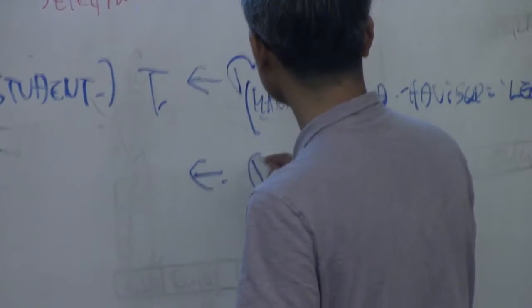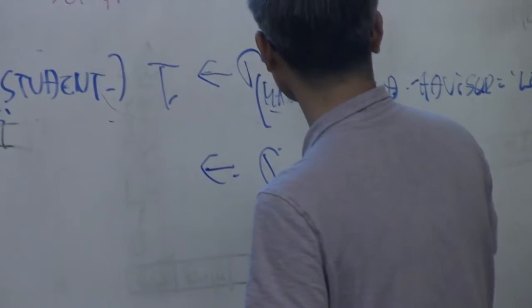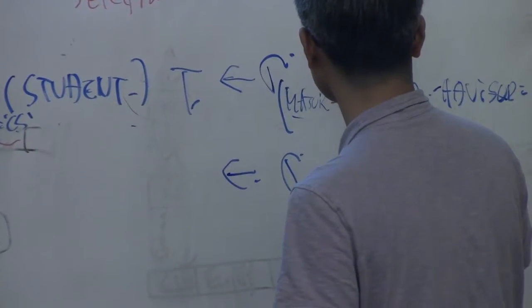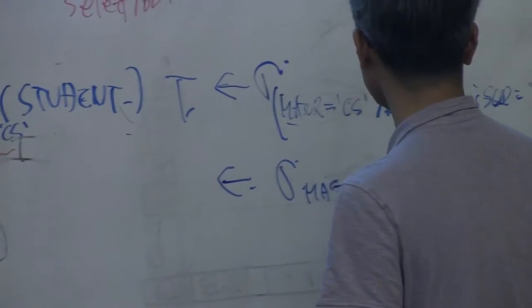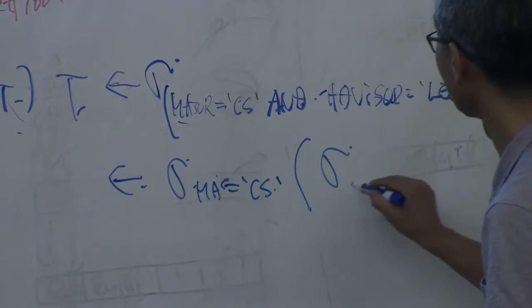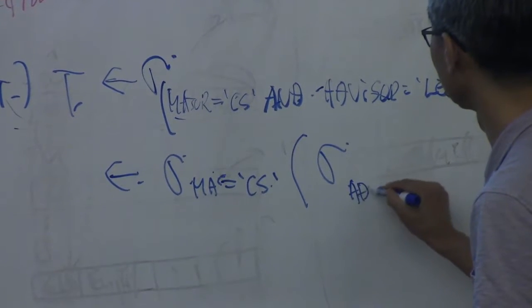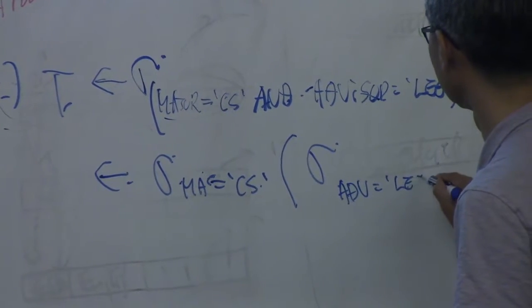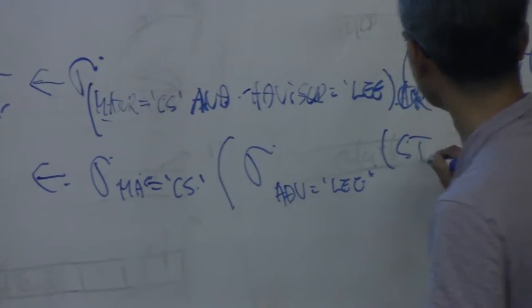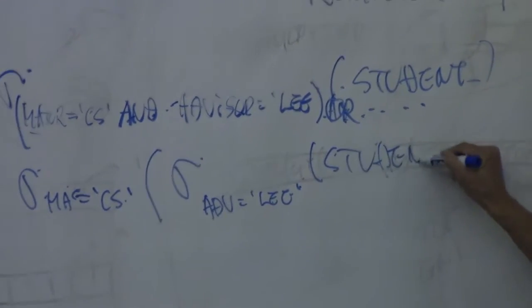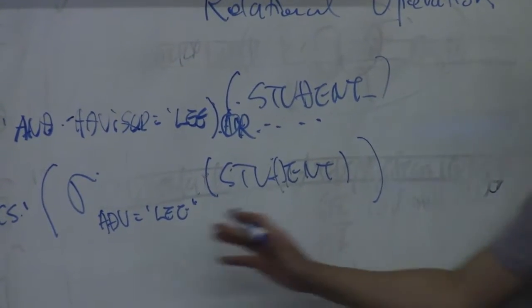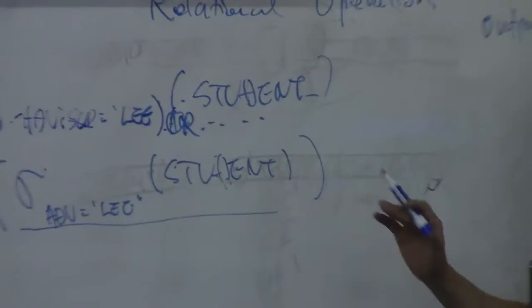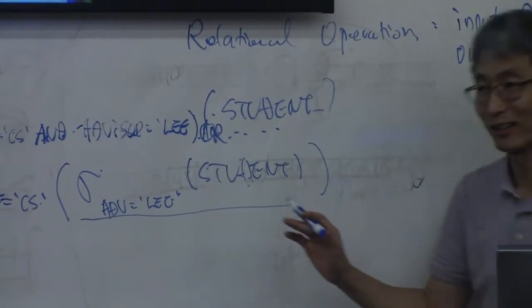What about this one? Major is CS and advisor. Like this. First, we need to operate this. That's the rule of the algebra.